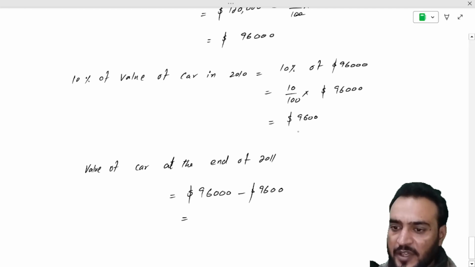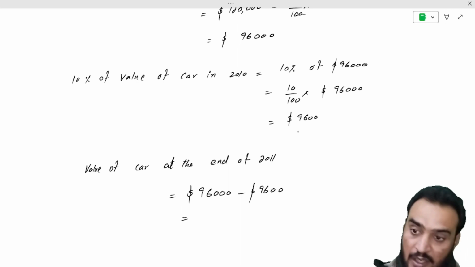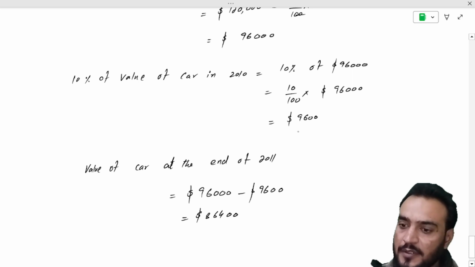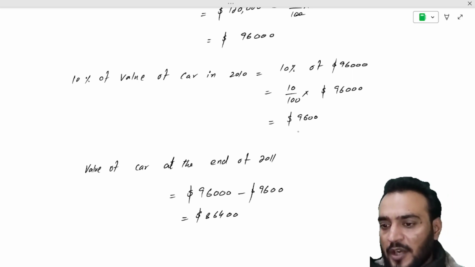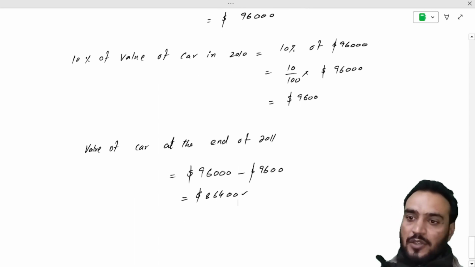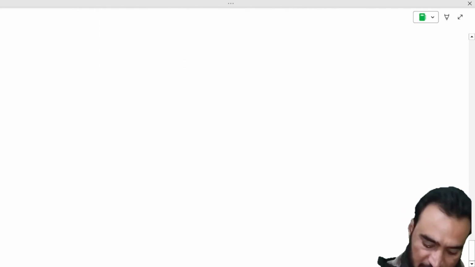After subtracting, we get the final answer, that is $86,400. Or you can say that $86,400 was the remaining value of the car. So this was the question number six. Now we solve the question number seven.